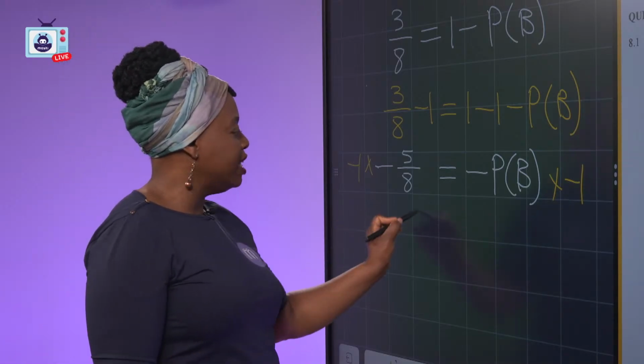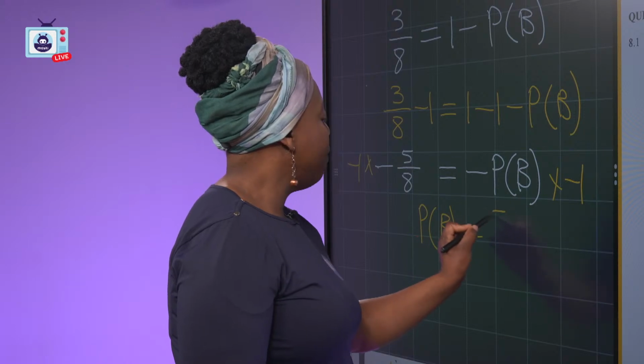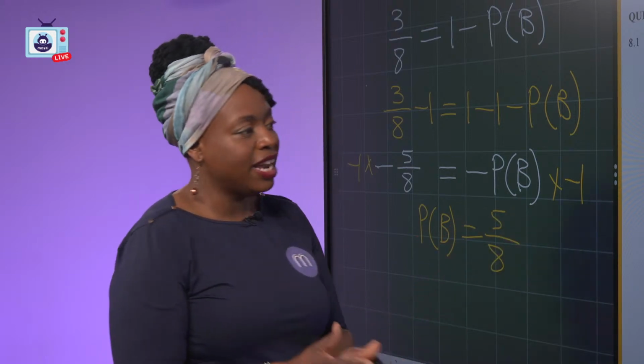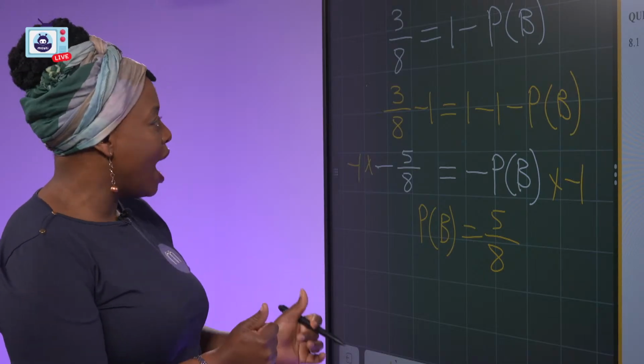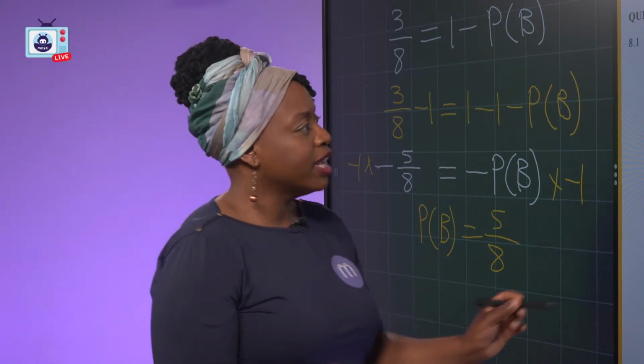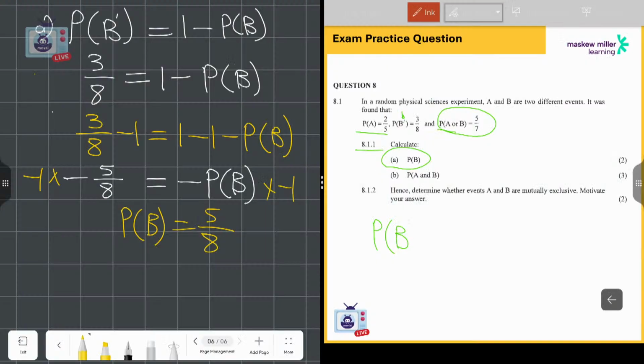So at the end of the day, the probability of B will be equal to a positive 5 divided by 8. So that's 1. We have found that, so we can just write it here so that we don't forget. The probability of B equals 5 divided by 8. And we leave it.